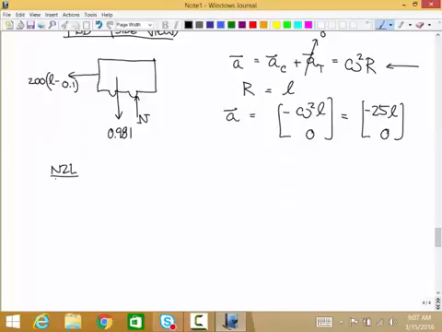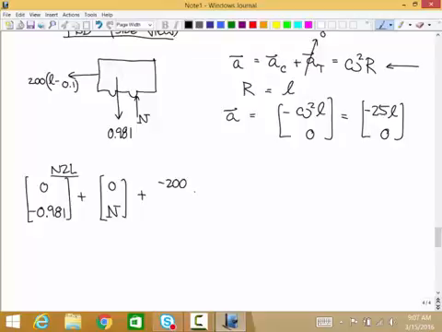And so now we can put it all into Newton's second law. We have 0, negative 0.981, 0, plus 0, N, 0, plus negative 200 times L minus 0.1, 0, 0, is equal to the mass times the acceleration.